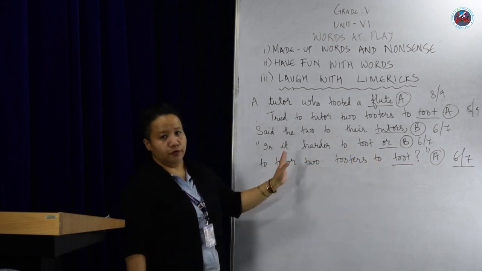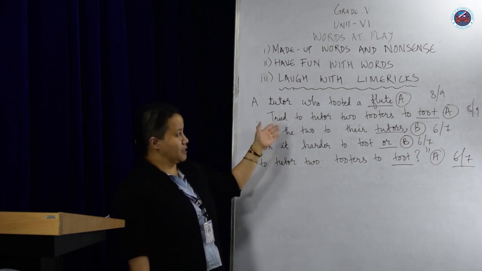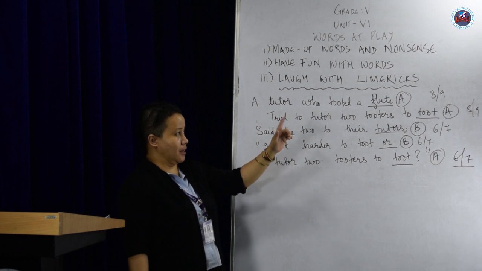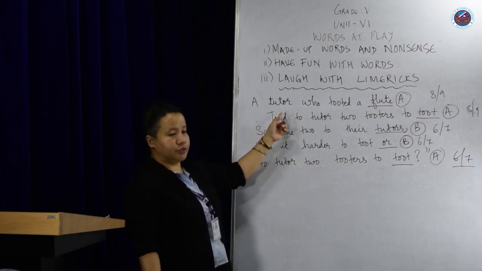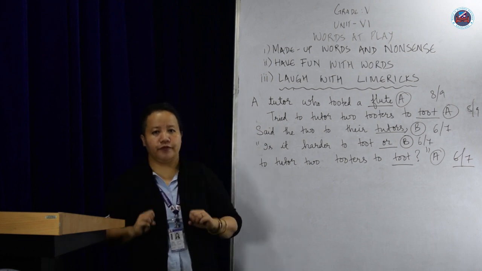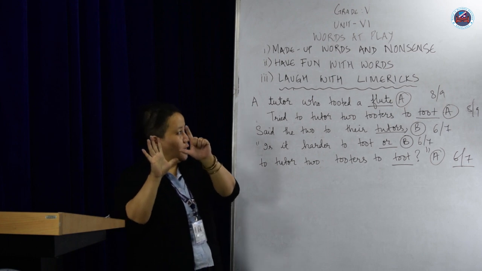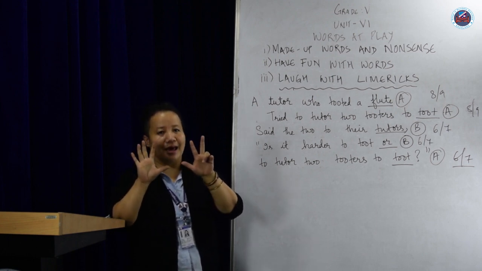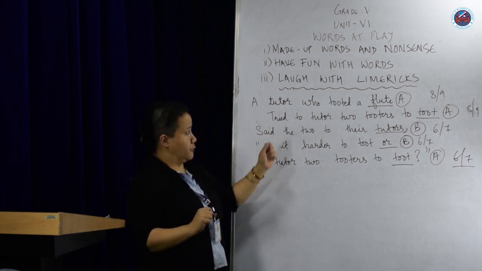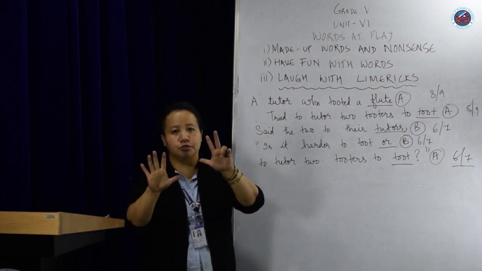Now next we move on to the syllables. The syllable count on the first line is 8 to 9. For example, a tutor who tooted a flute. You can count with your fingers: a tutor who tooted a flute. So we have 8 syllables. Also, try to tutor two tutors to toot.